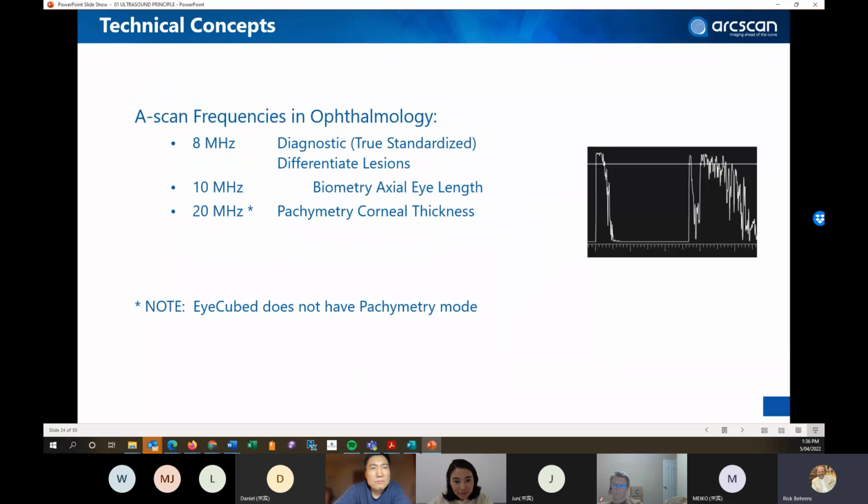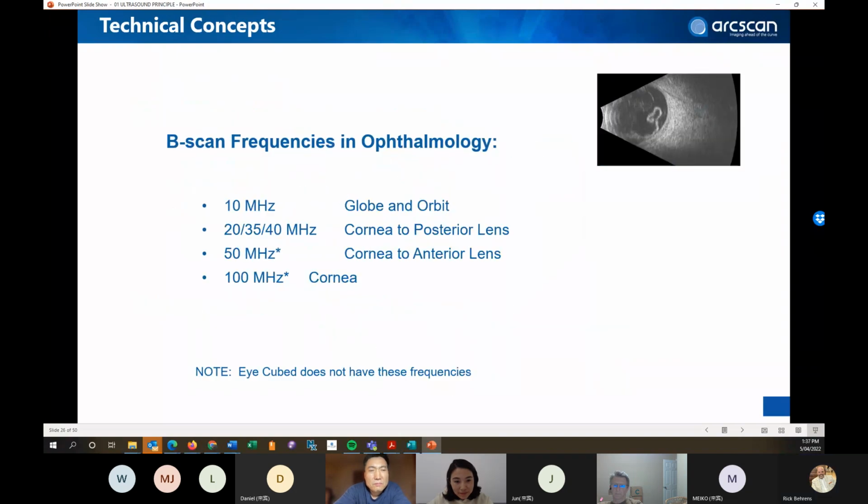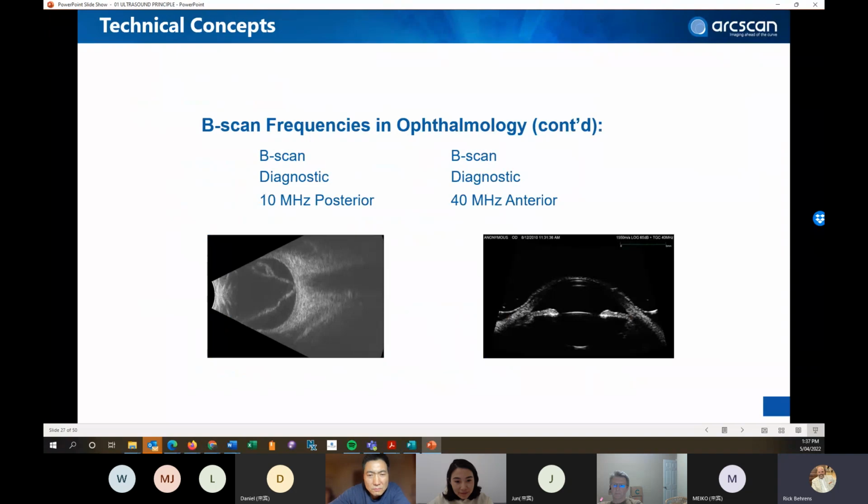Now, I'm going to scan off this because this is more about how we use it. But this is B-scan. You need to understand the difference between a posterior B-scan and an anterior B-scan.